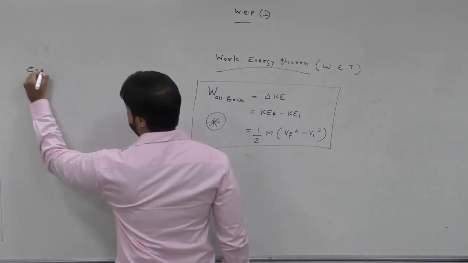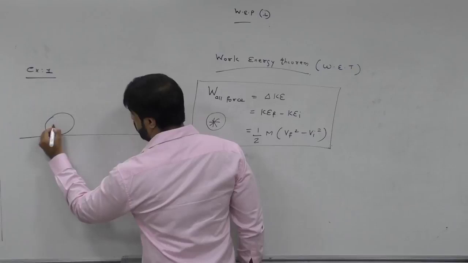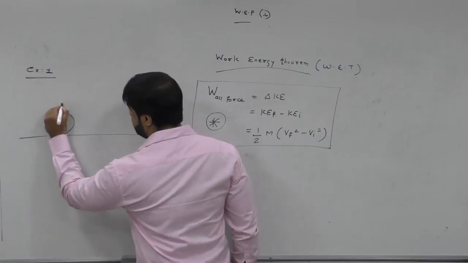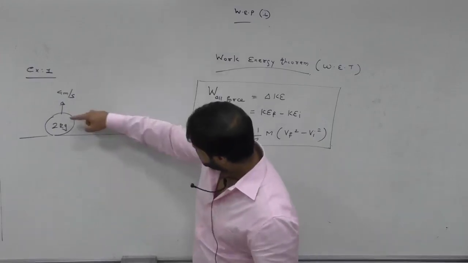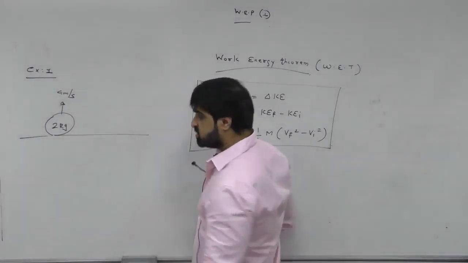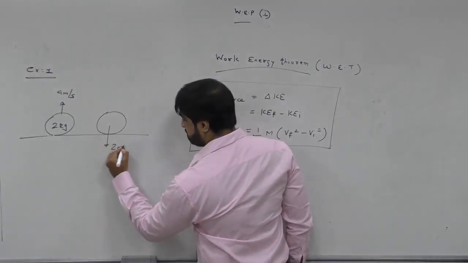Example 1. A ball of mass 2 kg is thrown up with a velocity of 4 meters per second. It goes up, comes down and hits the ground with 2 meters per second.